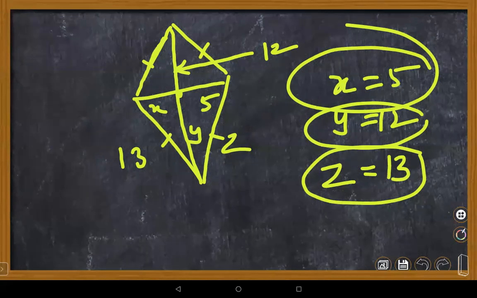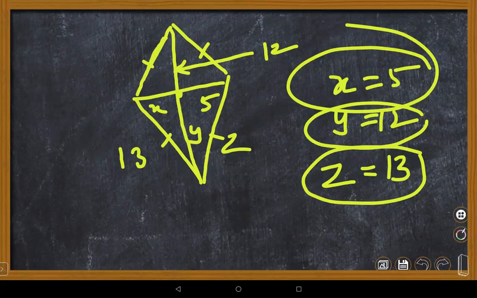Wait, Abhinav, I'll come back to you. Yeah, Bhavya, please. Ma'am, for X and Y, it's the diagonals bisecting, and for Z, it is all sides equal property, ma'am. Very good.